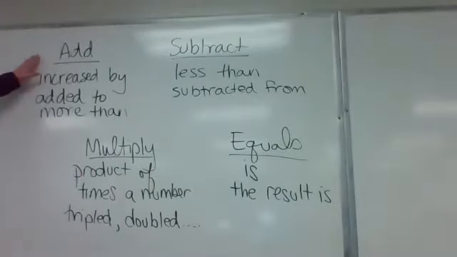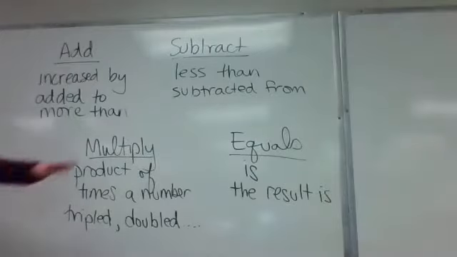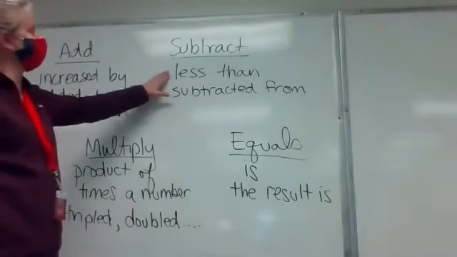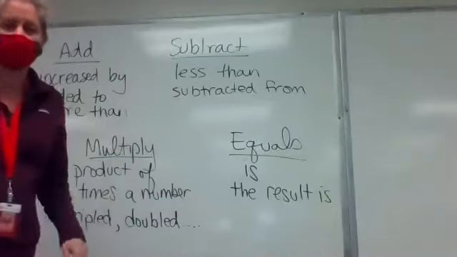So the first thing I have is different words that would tell you that you need to add. Okay, so increased by, added to, more than. Those all would tell you to add. Wording that would tell you to subtract would be less than or subtracted from.